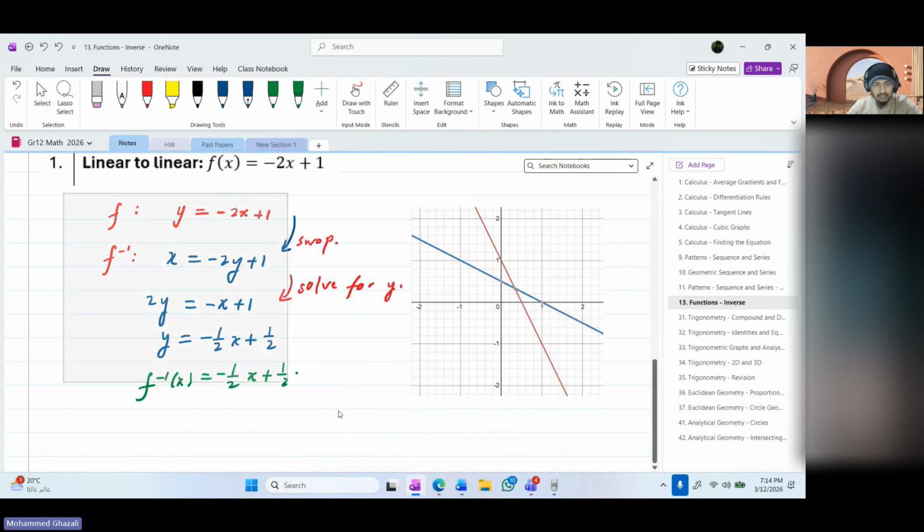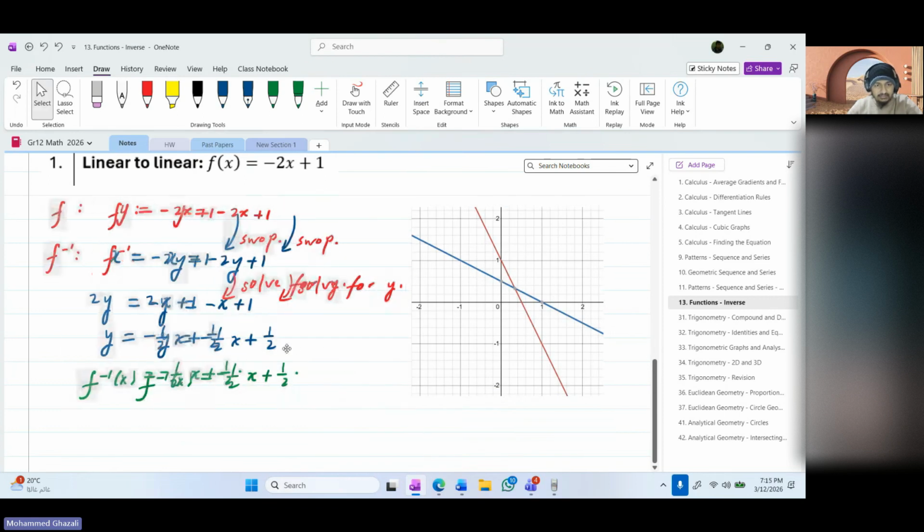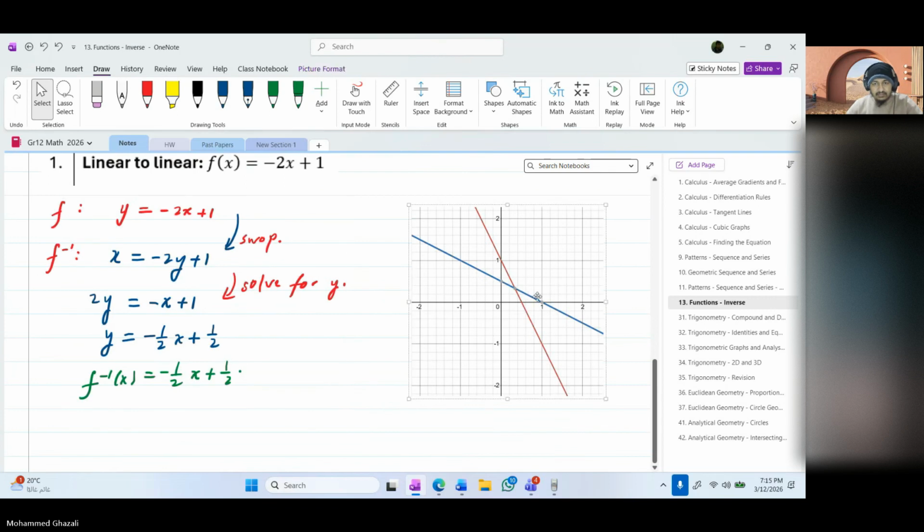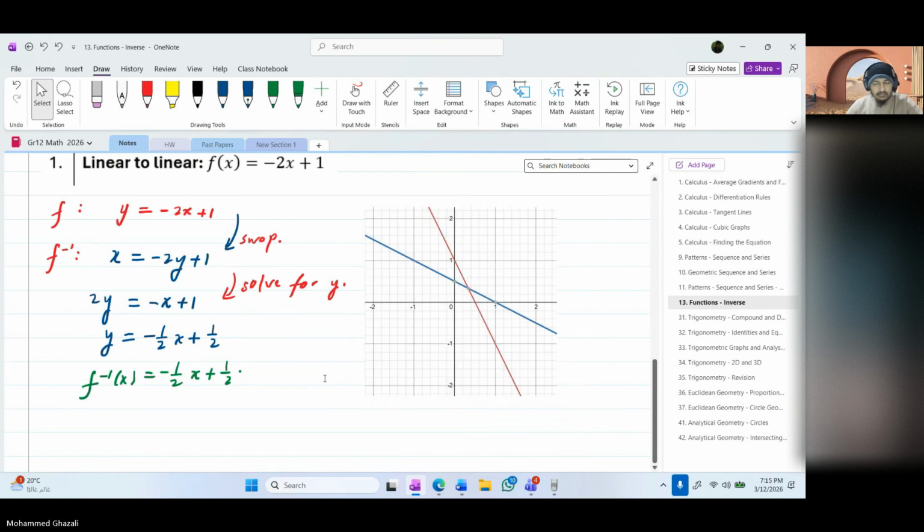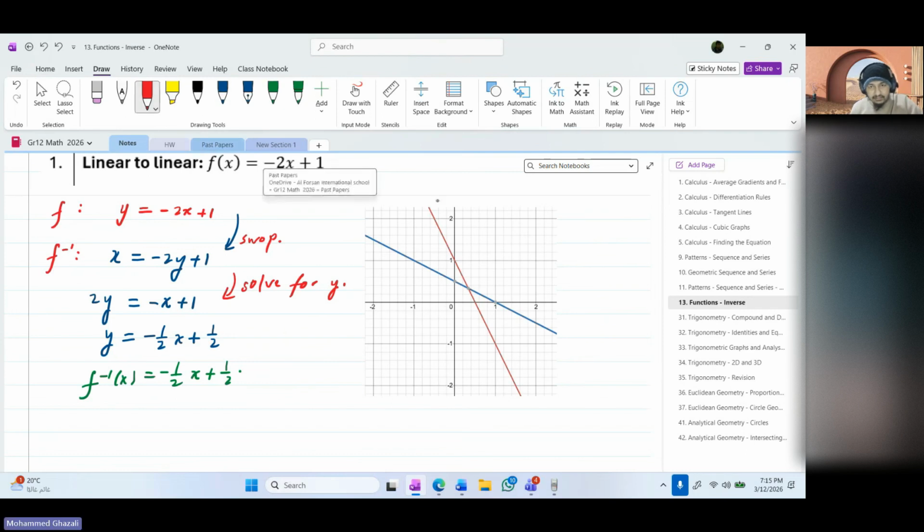So I'm going to explain to you graphically what that means. So the plus 1, this is your f graph, right? And this is your f inverse graph. Now, choose a point on f. If the point on f is 0 and 1, look at the point on f inverse. It is 1 and 0. Yeah, it works, right?